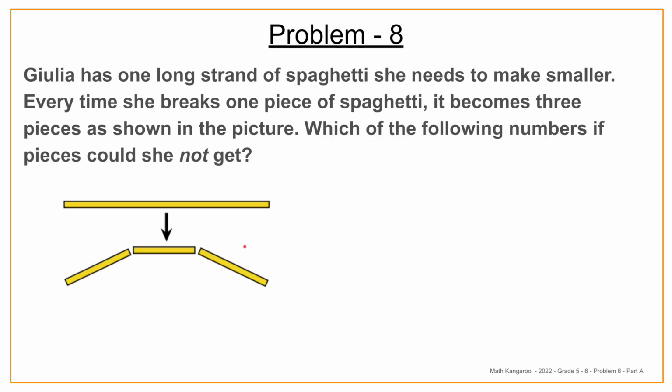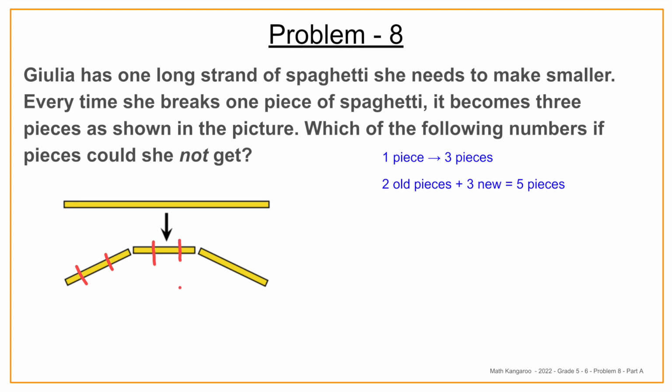Now we start with one piece. One piece gives us 3 pieces. Now if we break one piece of this, it will give us 3 pieces. So we got 1, 2, 3 and 2 old ones. That makes 5 pieces. Again, we break one into 3 pieces.